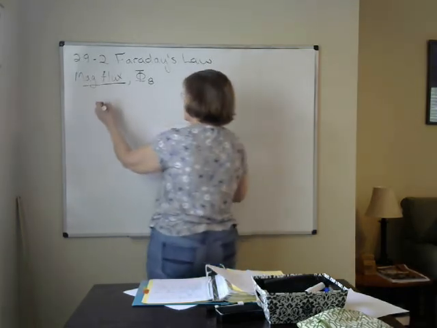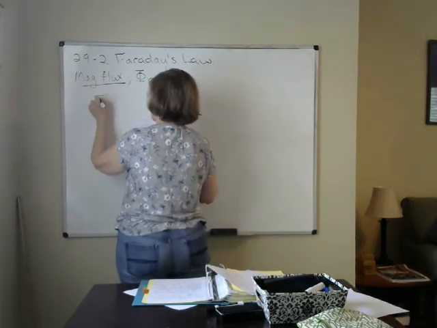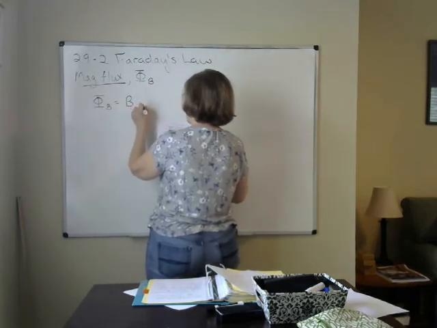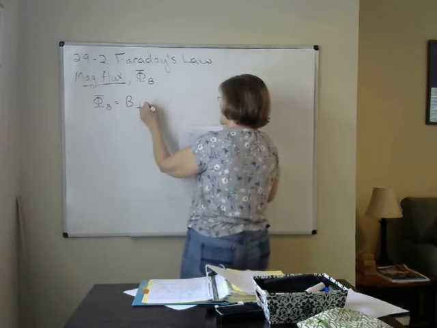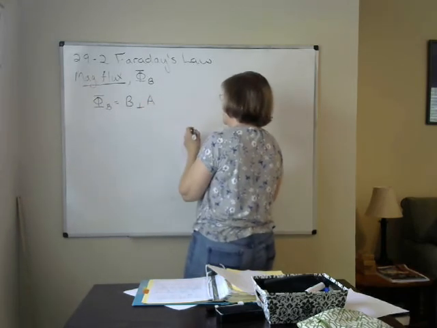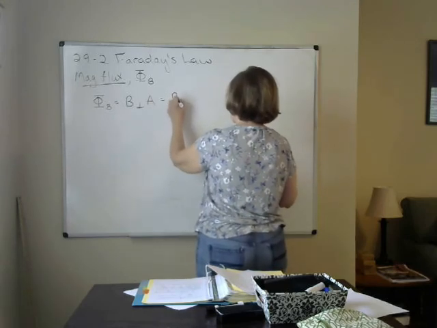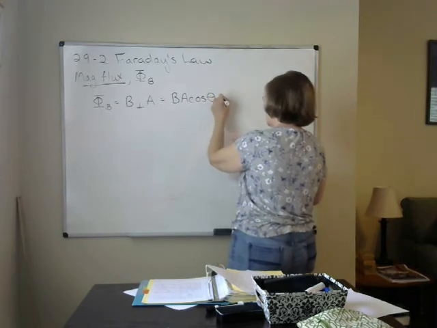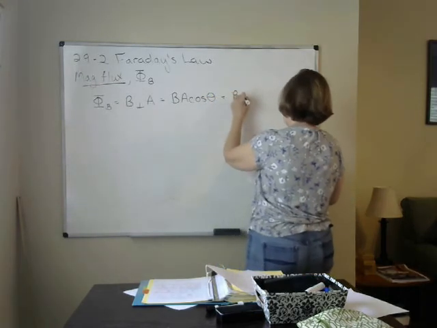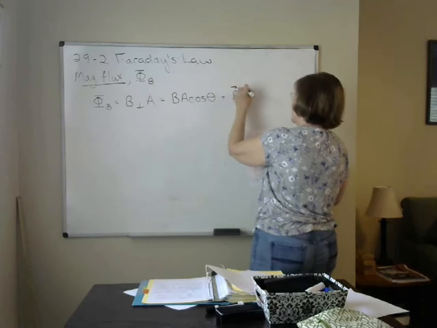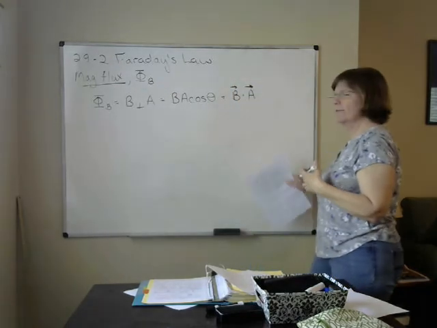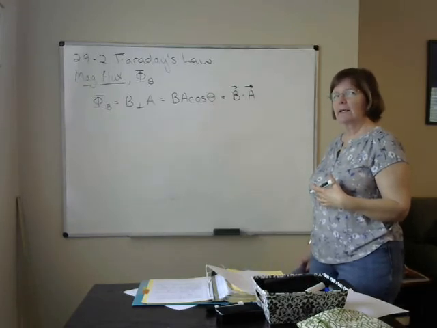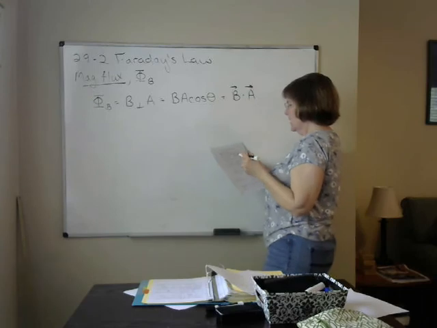It's equal to the perpendicular component of the magnetic field times the area, or B A cosine theta, or B dot A. Now remember, when we treat area as a vector, we're really talking about the normal to the area. So that's a little bit different.